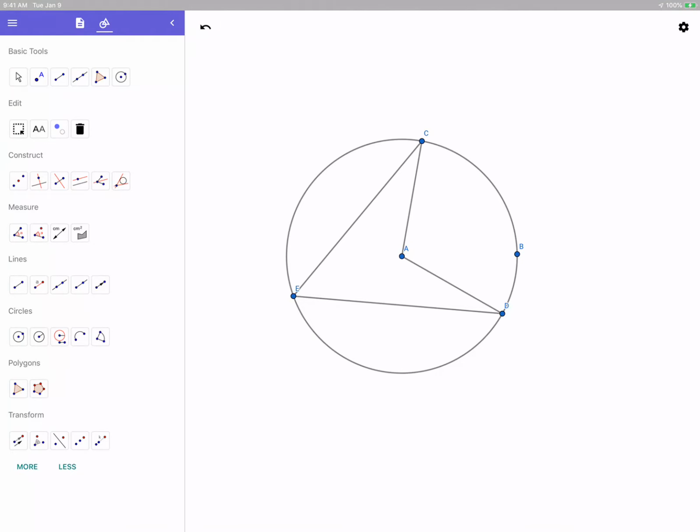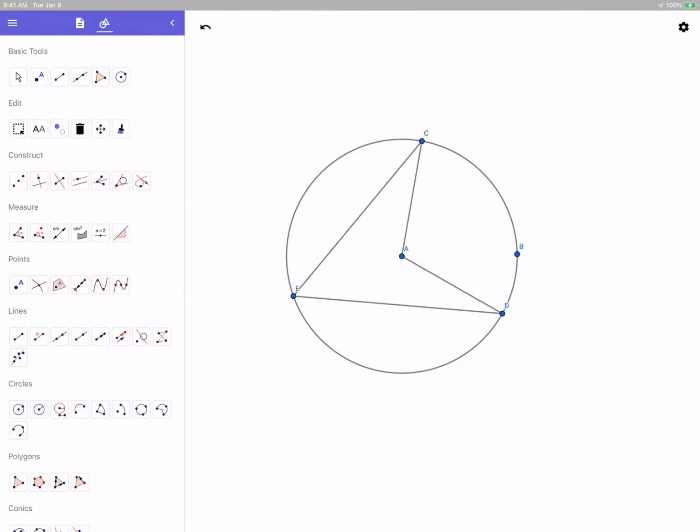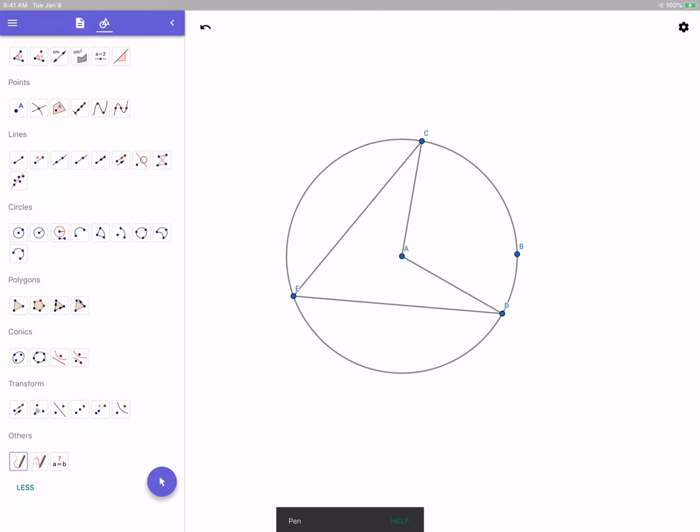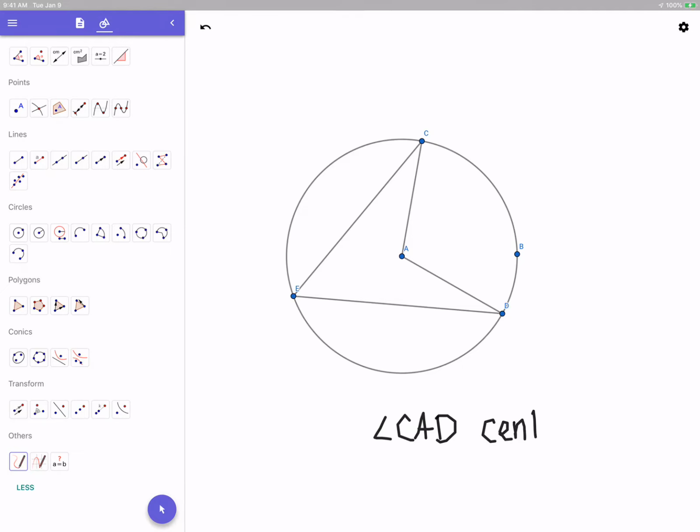So I've drawn a circle, and this is circle A, the center is A. I also put a central angle in the picture, angle CAD, is the central angle. Oh, that's a B, sorry. That's the central angle.